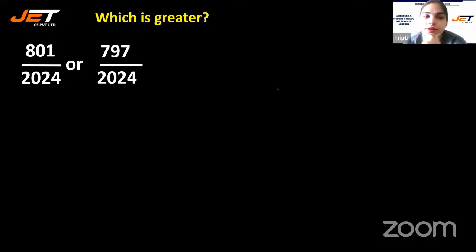So here, the denominators are same. We just have to see which fraction has a smaller numerator and which one has the greater. So here, 801 is greater than 797. This is small. So the first fraction is greater.